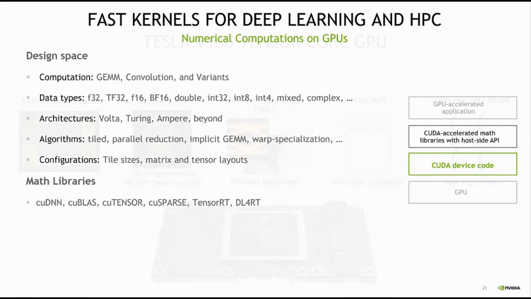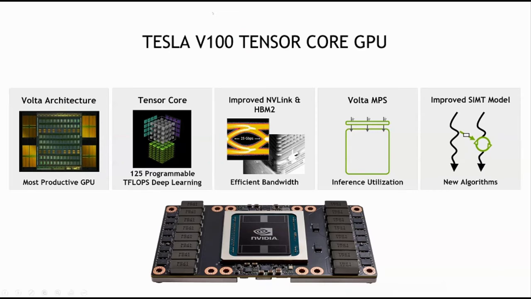So let me first start with the V100 Tensor Core GPU, right? This was the first GPU which had the Tensor Core design, and what it basically had was a new GPU-optimized software implementation called tensor core operation, which will help you do matrix multiplication efficiently, right?